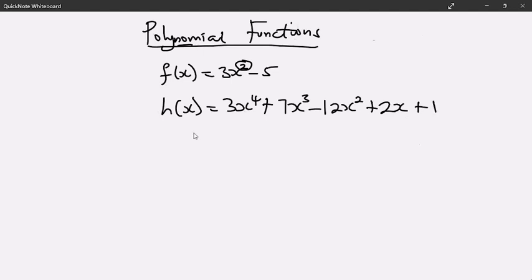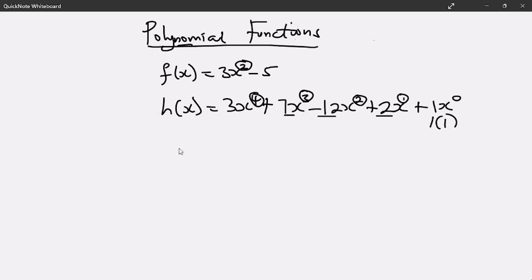This is also an example of a polynomial function, and this particular function contains the coefficients of the variables to be 3, 7, negative 12, positive 2, and then the exponent parts are positive 4, positive 3, positive 2, and positive 1 here. And of course, the last exponent of the x here is supposed to be x exponent 0, and that gives us 1, which is the same as 1 times 1. And this place can be omitted and it gives 1.